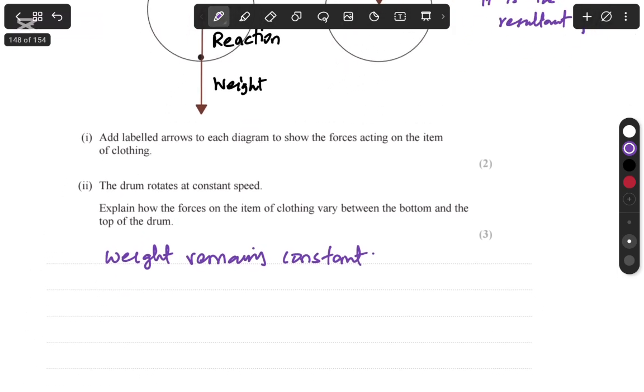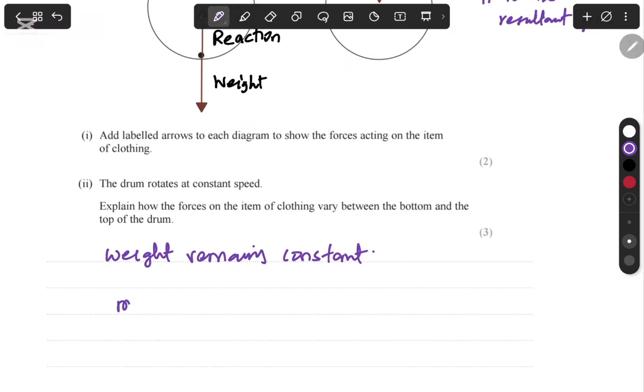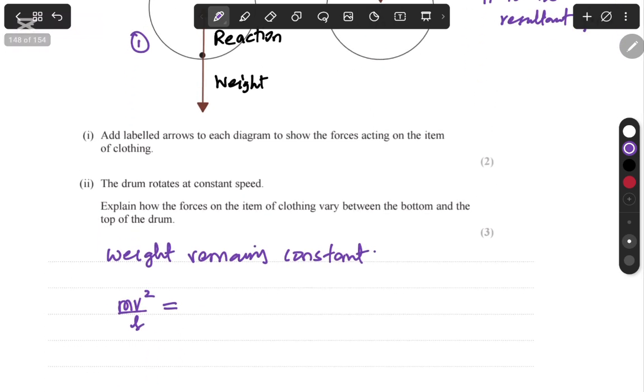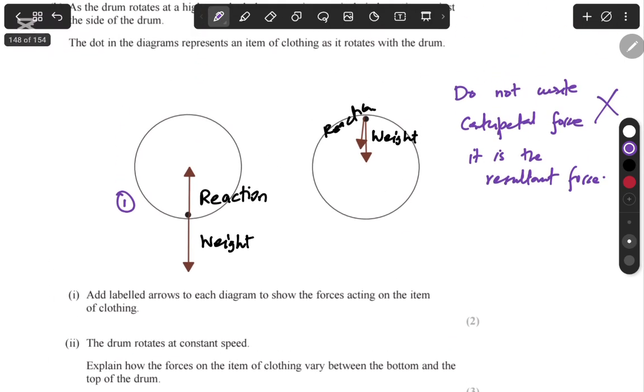So what we can do is write two equations. We can write mv squared over r, which is the centripetal force, is equal to, so we're talking about this first diagram here, the reaction force minus the weight. We can see that the reaction force is in the direction of the centripetal force.